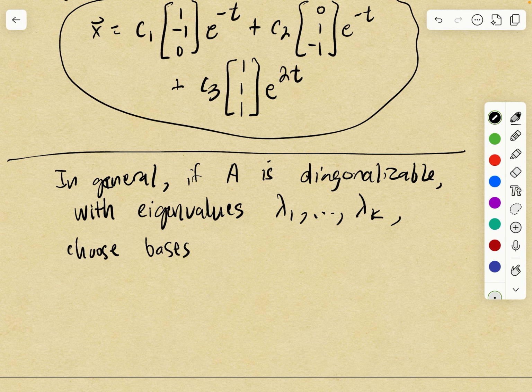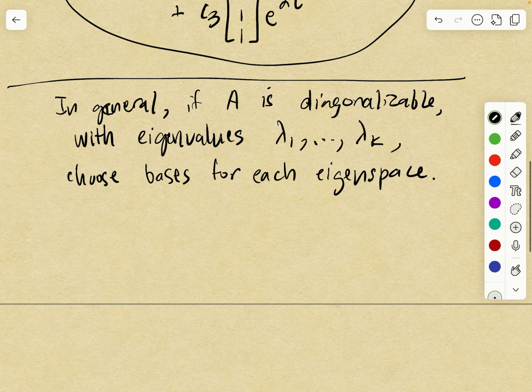Choose bases for each eigenspace. That just means find the basis of eigenvectors for each eigenvalue that span the space of eigenvectors.